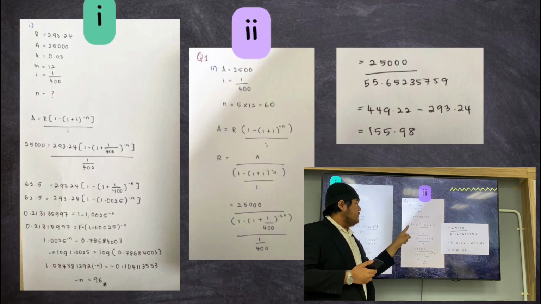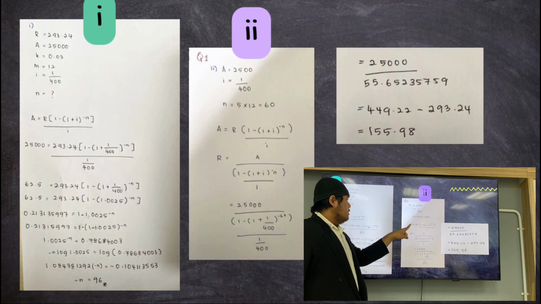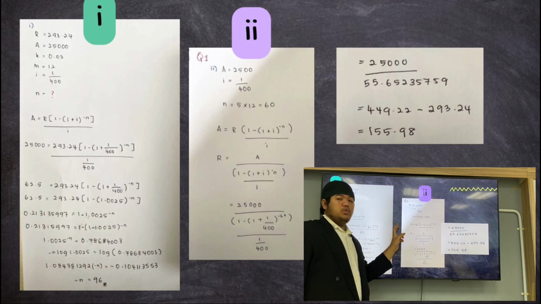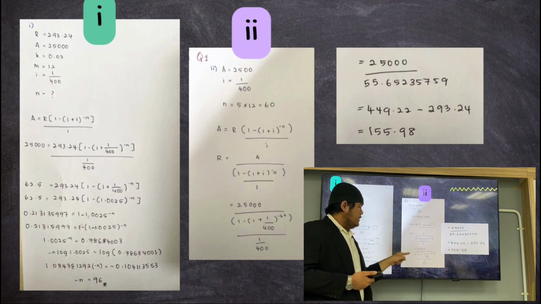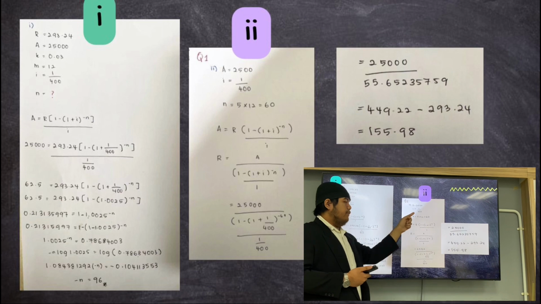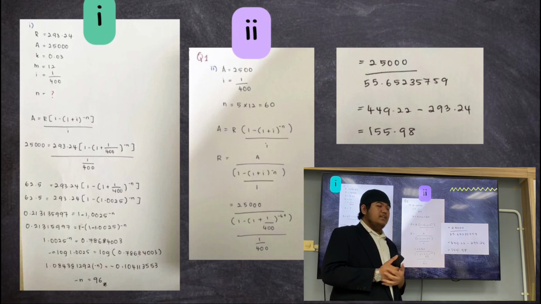We need to use the reverse engineering and we change A to R and the R to A. We just put the amount that we have list out, and so the final answer will be 155.98.